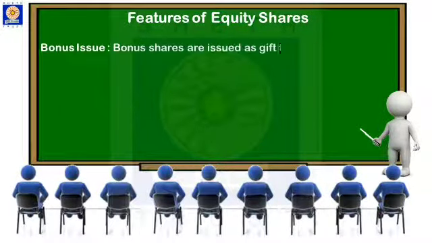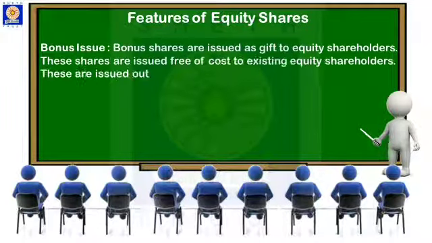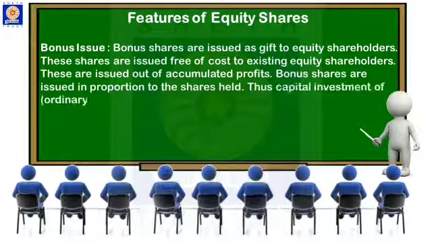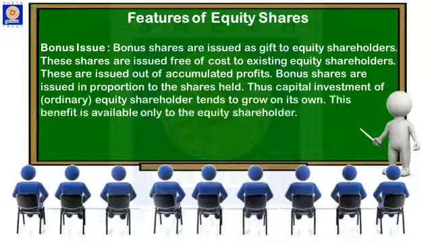Bonus issue. In a bonus issue, equity shareholders are issued more equity shares free of cost. That issue is called a bonus issue. These shares are issued as a gift to equity shareholders. These are issued out of accumulated profits, that is, the reserves.